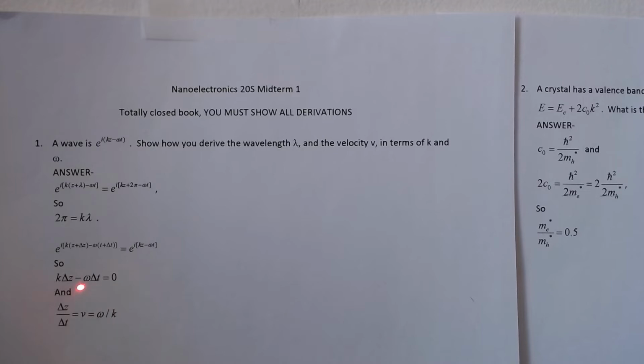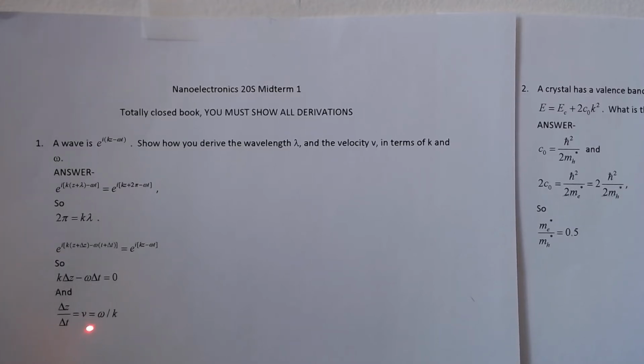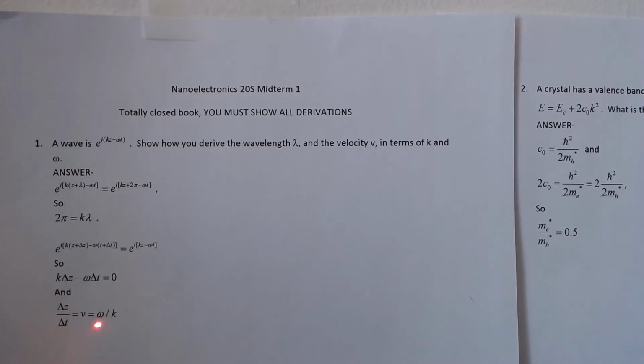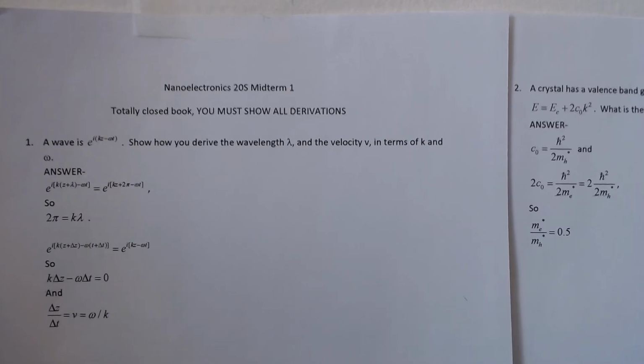So solving from this, if these are equal, then it means that k delta z minus omega delta t is equal to 0. And so k delta z is equal to omega delta t. So delta z over delta t, which is v, is equal to omega over k. So that's the solution to the first problem.